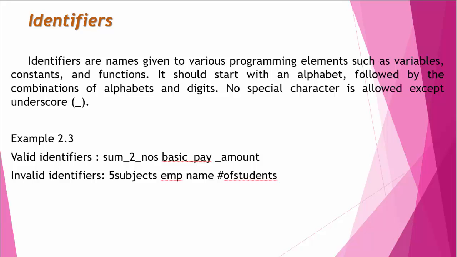An identifier should start with an alphabet followed by a combination of alphabets and digits. A variable, a function or a constant can never start with a digit or a special character, except underscore. You can start it with an underscore or an alphabet, and name it later with many things. Valid identifiers are, for example, sum two numbers, basic pay, and amounts.